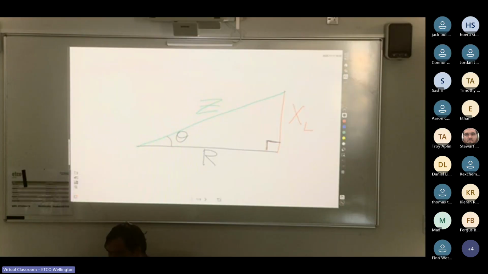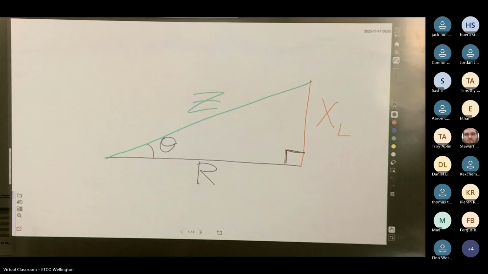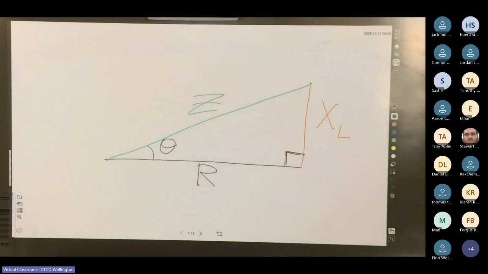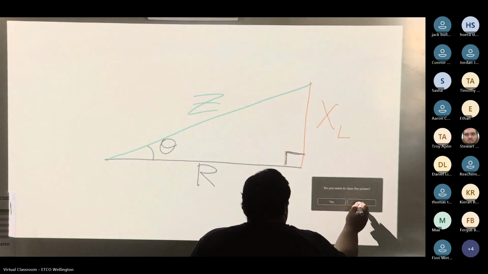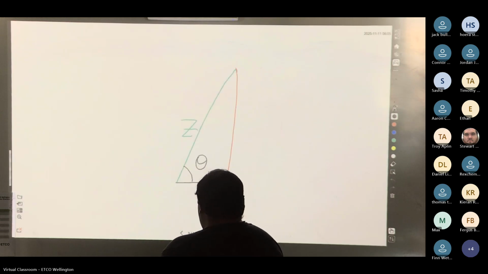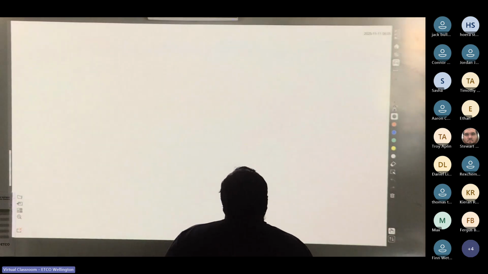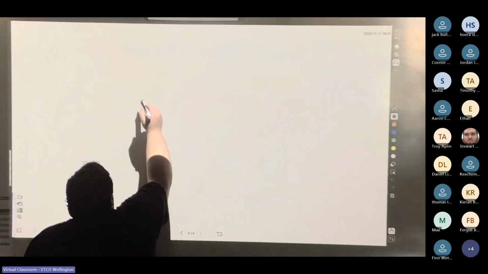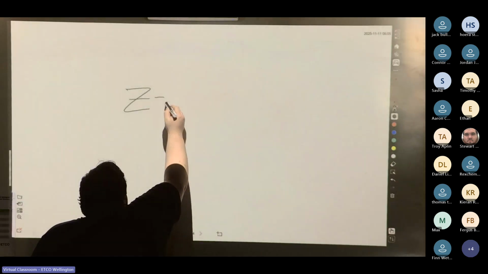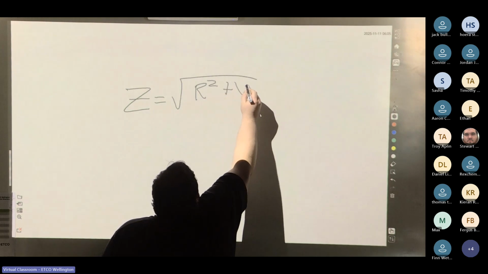All right, I'm going to do this on the board. Cool. So the first thing it wants us to figure out is our impedance. So first thing we're going to do is punch in our equation. Z equals the square root of R squared plus X squared.